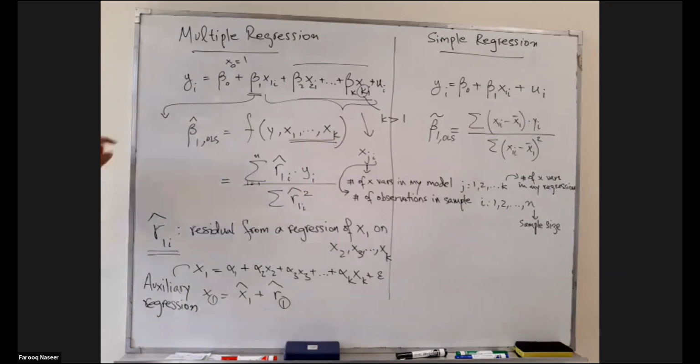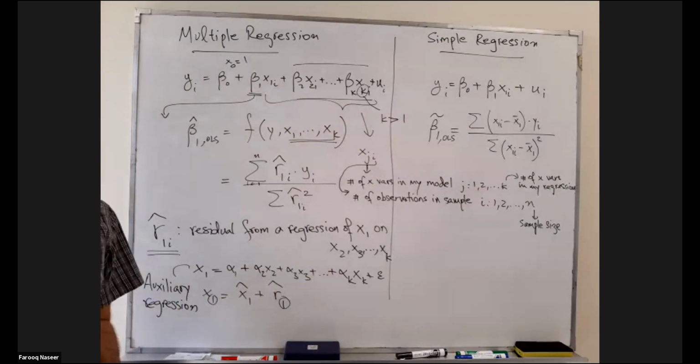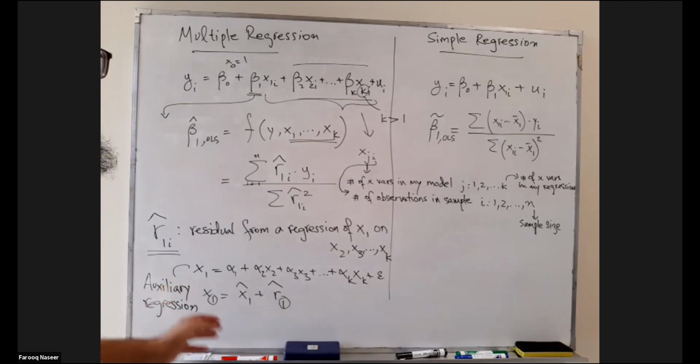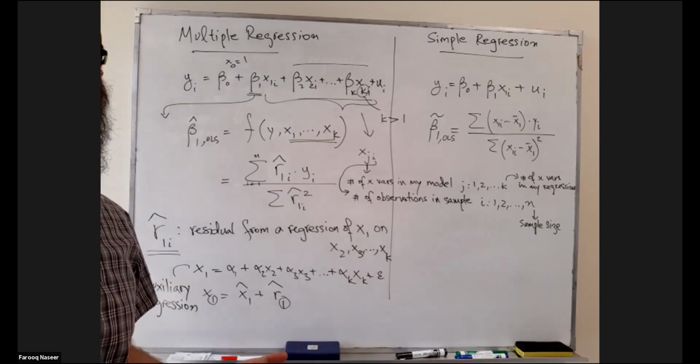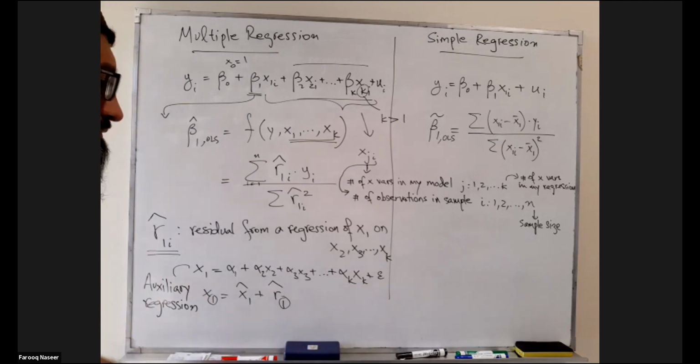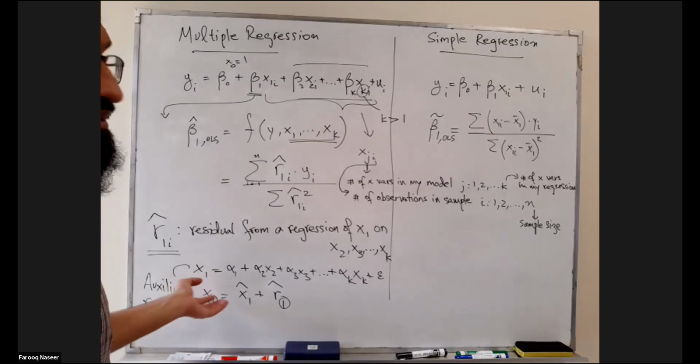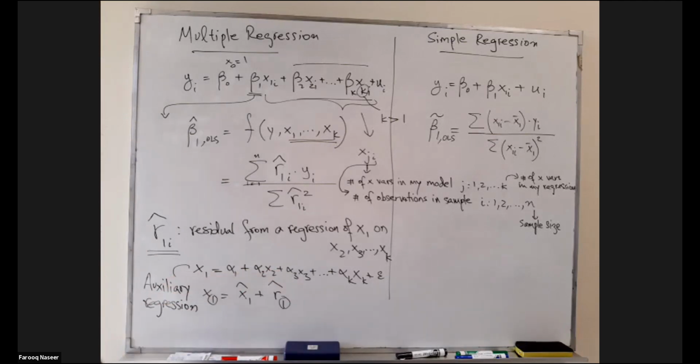It helps us in estimating the coefficients in this model, but by itself we are not interested in these alpha parameters, right? Because we are not interested in how those x variables are related to each other, their correlation. If we were interested in that, obviously we would be interested in this regression, but we are interested in how y is related with these variables, with x1 in particular. Okay?